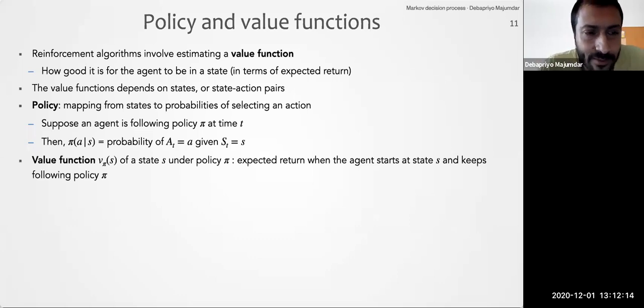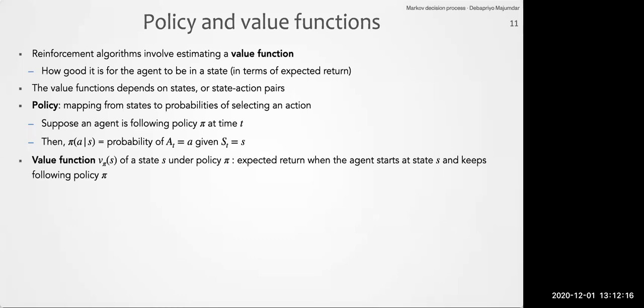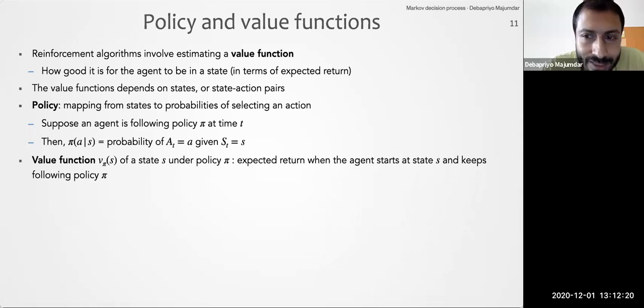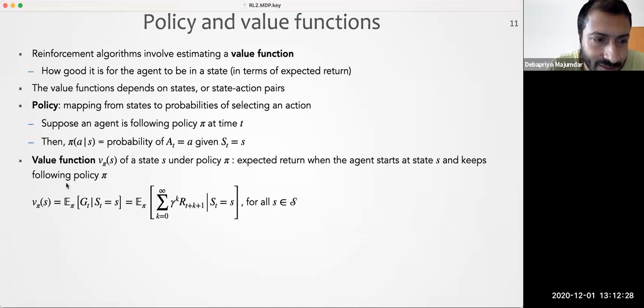So the value function v pi of s, of a state S under policy pi, is the expected return when the agent starts at state S and keeps following a certain policy pi. These formulas may look a bit daunting, but they're not. v pi of s is the expected return if I start at S and keep following my policy pi.